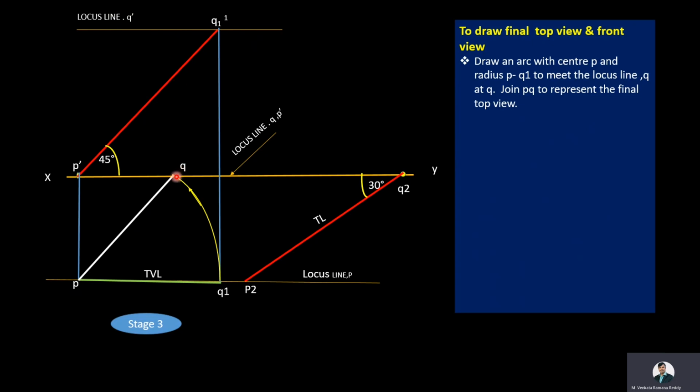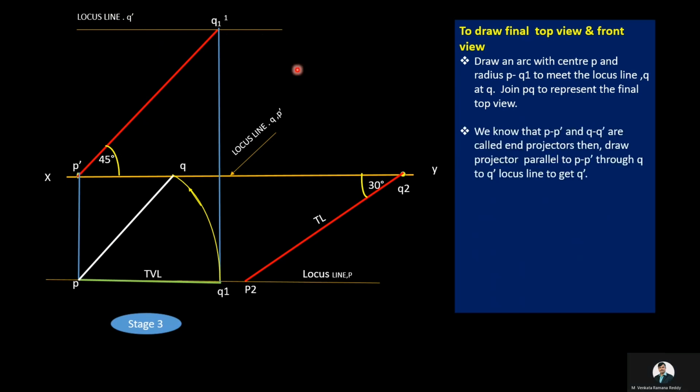Then draw a projector through Q, parallel to the P dash projector, and this projector cuts the locus line Q dash at Q dash.